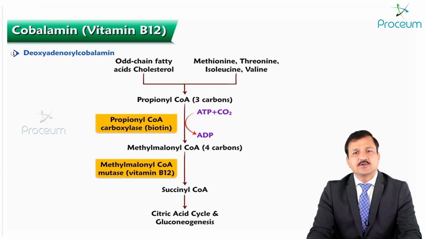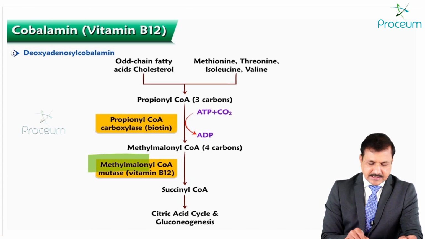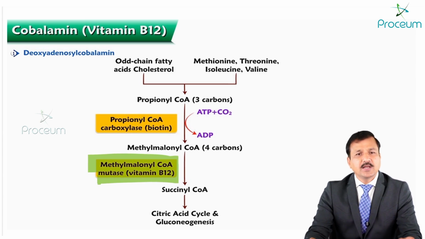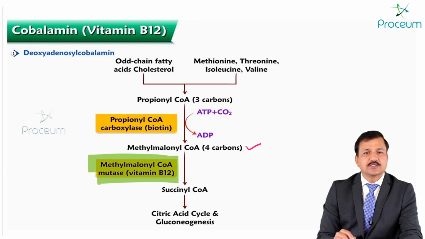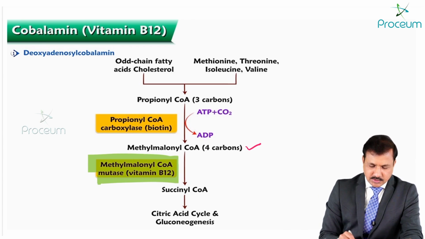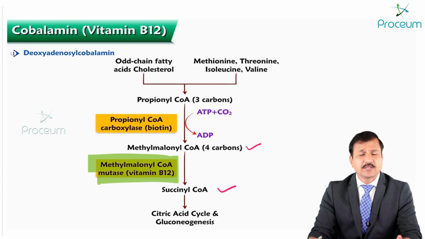It is the coenzyme for an enzyme called methylmalonyl-CoA mutase. This enzyme is involved in the conversion of methylmalonyl-CoA, which is a 4-carbon molecule, into succinyl-CoA. And this is what methylmalonyl-CoA mutase does.